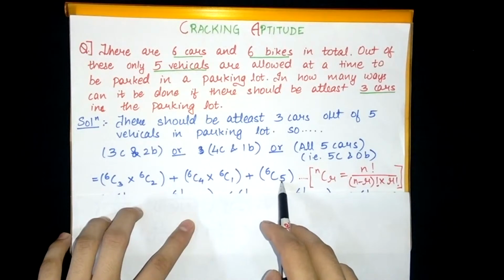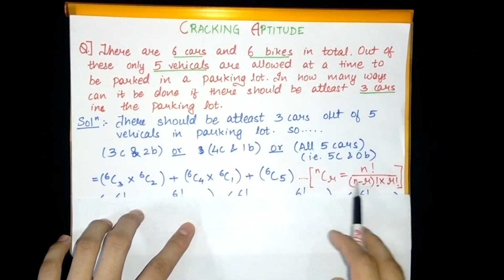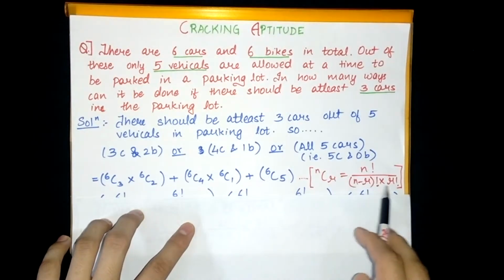And the basic formula of combination is nCr, which is n factorial divided by (n minus r) factorial into r factorial.